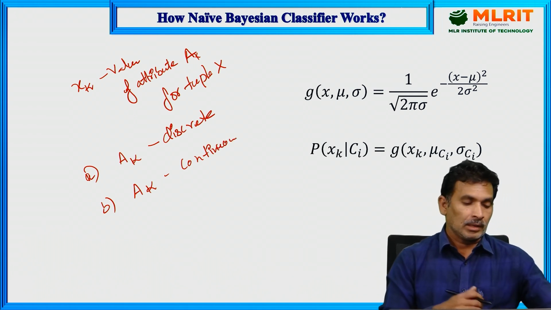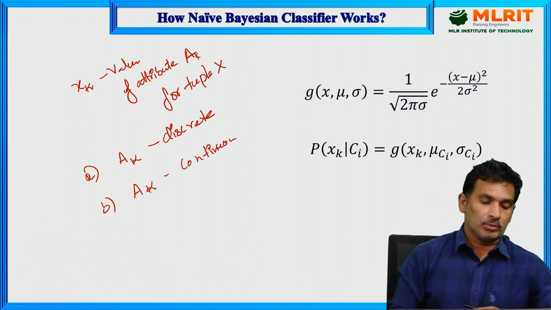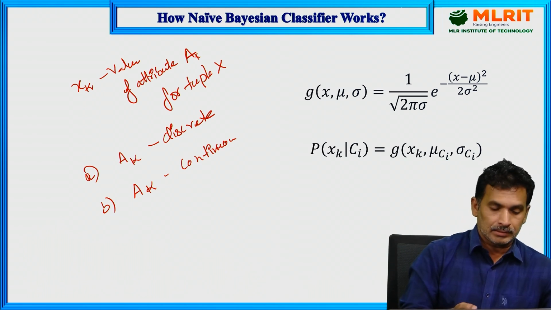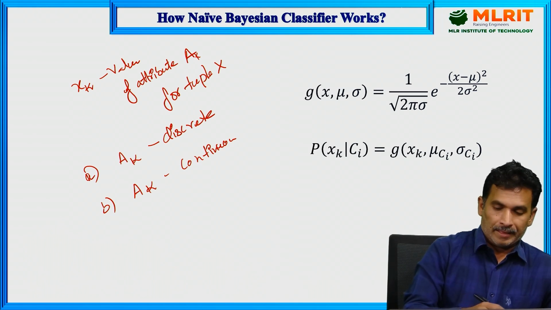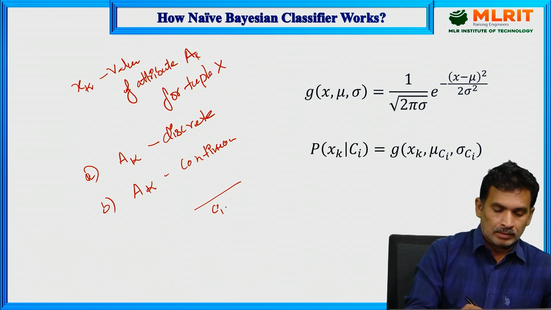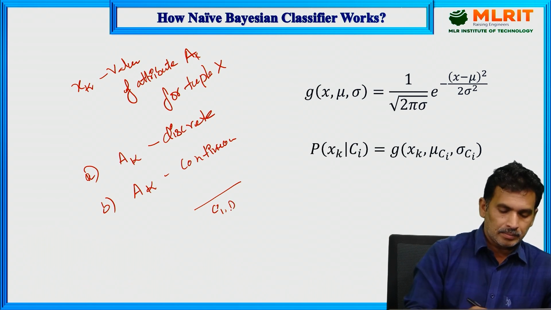If Ak is a discrete attribute, we directly calculate the probability.